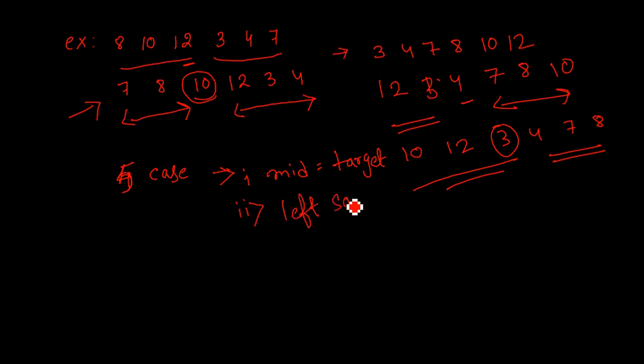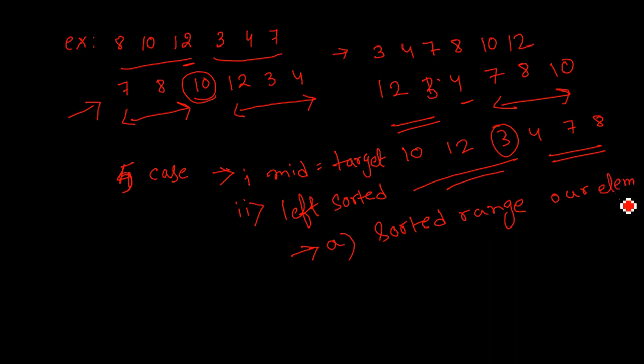Now the second case: left side is sorted. If our left side is sorted, we have two sub cases, that inside the sorted range our element is there, or the next sub case will be it's not in that range.